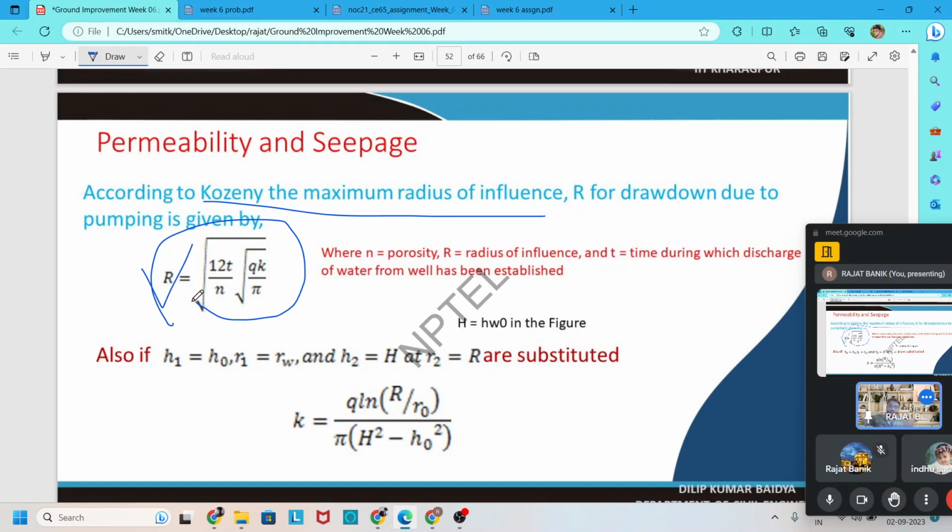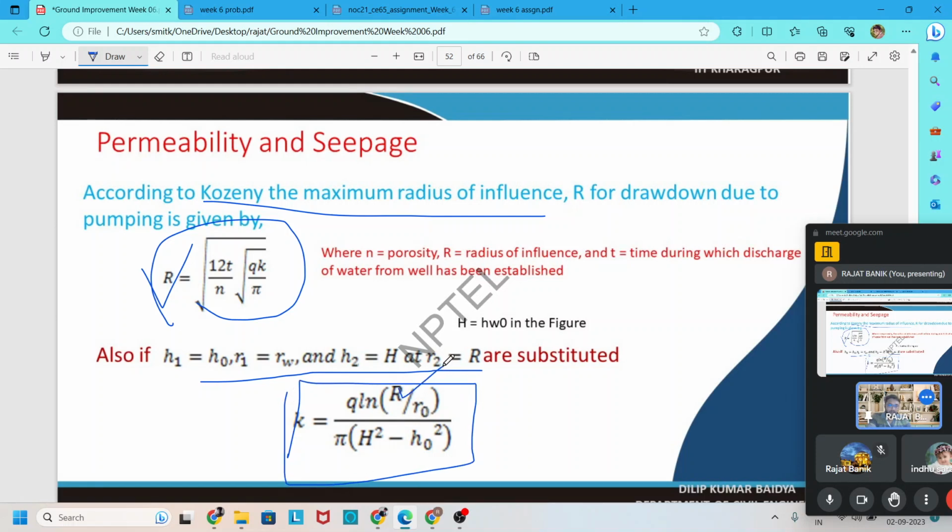Now if we rearrange the formula for the influence radius and the well radius, we find out the permeability like that.